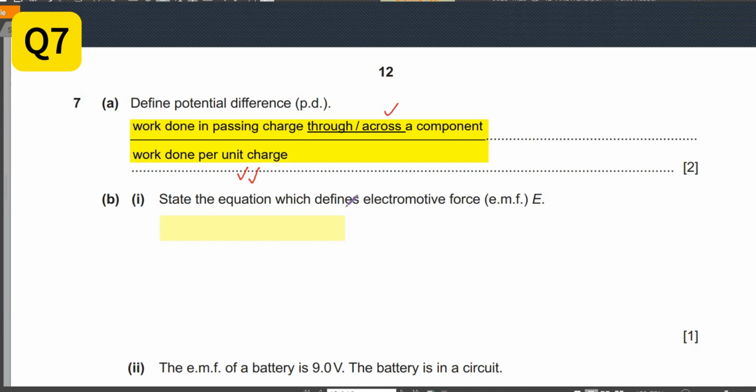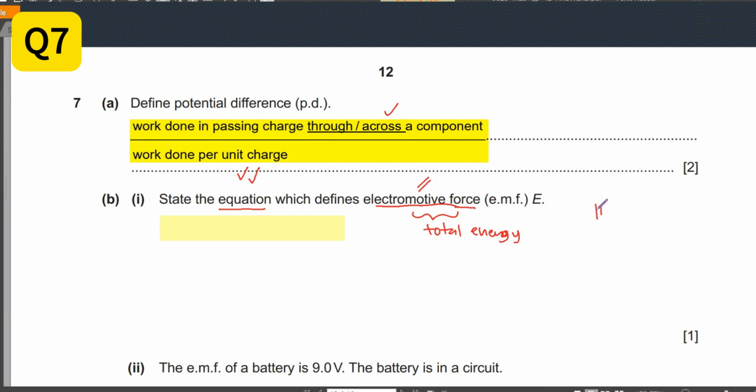State the equation which defines electromotive force. Straightforward. Electromotive force and potential difference are very similar concepts. Electromotive force is the total energy provided to the electrical circuit.